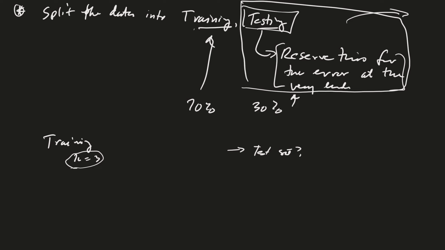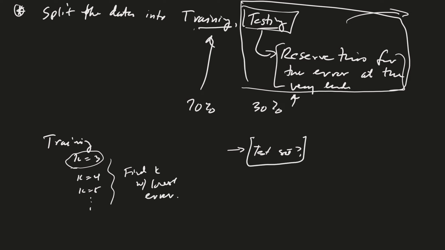It would be nice to see what the error looks like for k equals 3, then k equals 4, then k equals 5, and so on, and then find the k with the lowest error. But what's the trouble with using this test set? The trouble is that you never touch the test set until the very end.